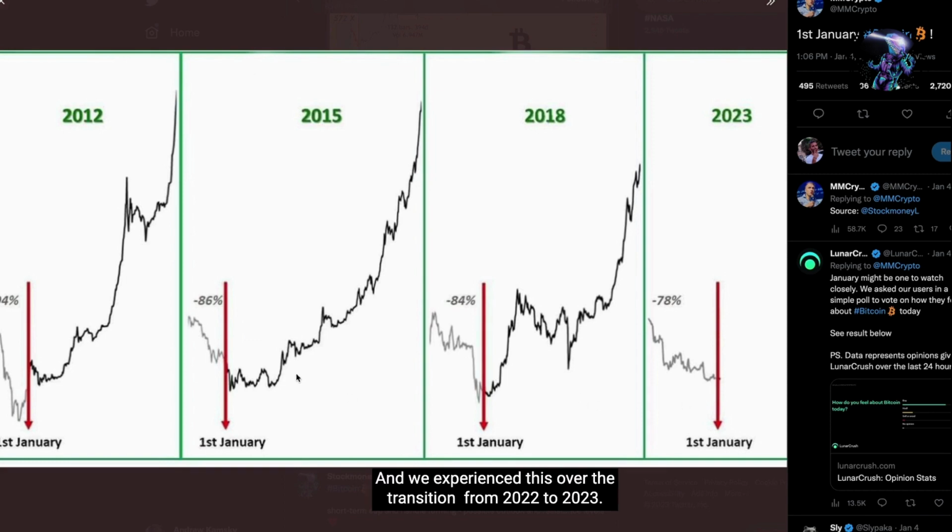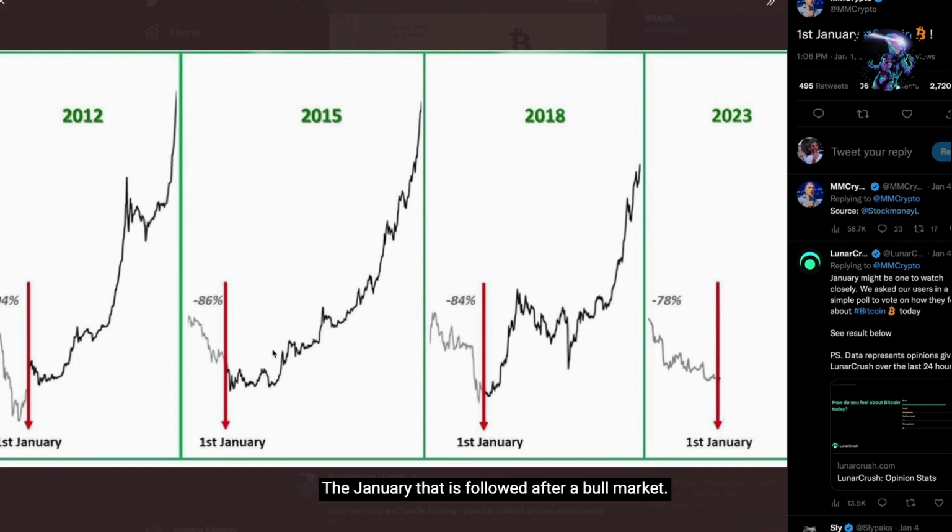And we experienced this over the transition from 2022 to 2023. And you also have new motivation, you have a fresh outlook on the market. So there are a number of psychological reasons as to why the January that follows a bull market does well.